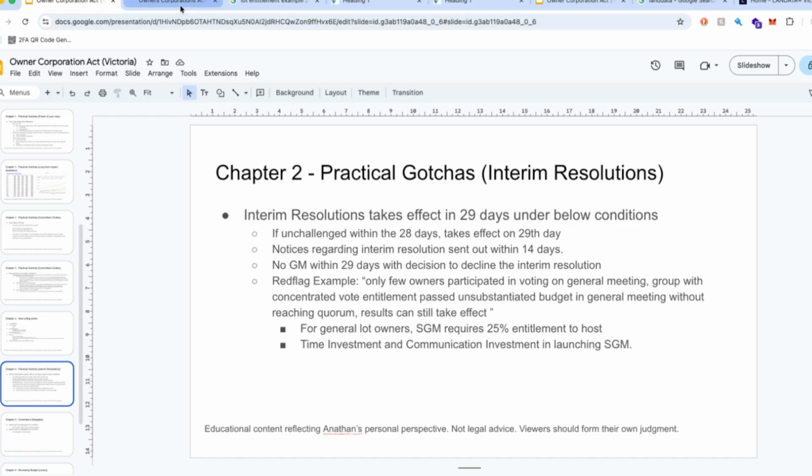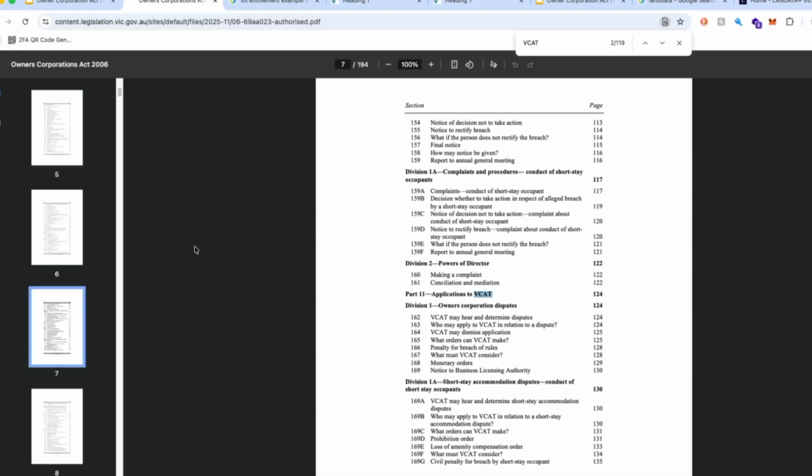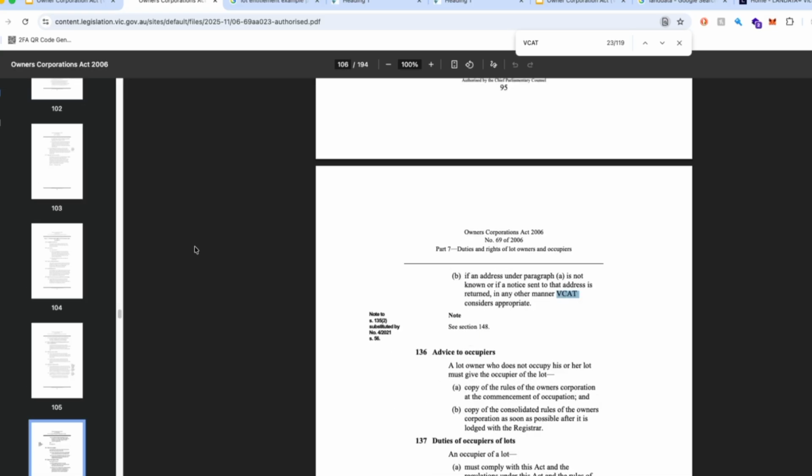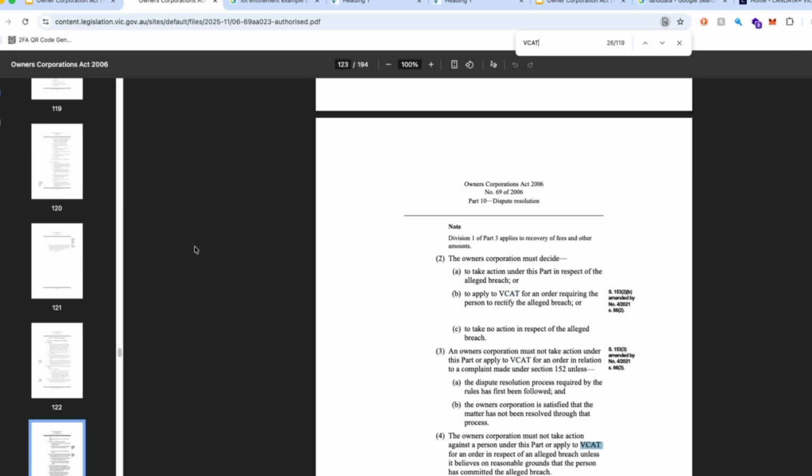Now, keep in mind, for that specific scenario, even if that does happen, there are still ways to address it, and I will just quickly show this. I won't discuss too much in detail, but I will just show the power of VCAT.